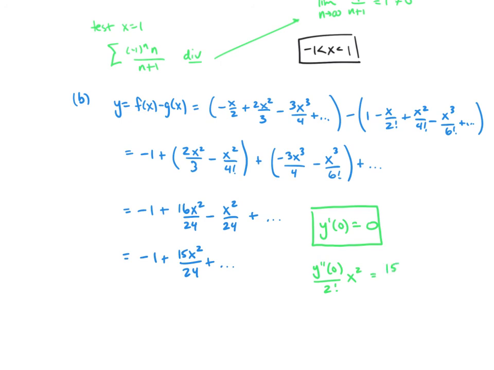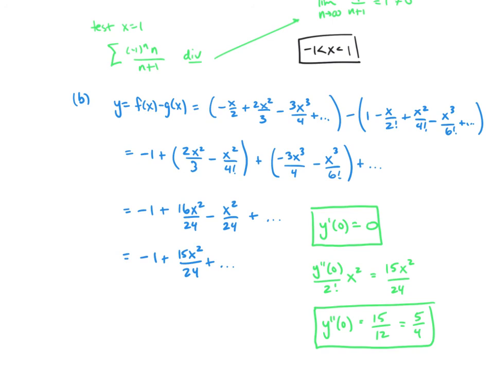However, in this example, it's 15x squared over 24. We did a bunch of these prior to this FRQ in the multiple choice. That would tell me that the second derivative at 0 would be equal to 15 over 12 if I multiply by 2 factorial, which is the same thing as 5 divided by 4. So those are my two derivatives that I'm being asked to find in the problem.